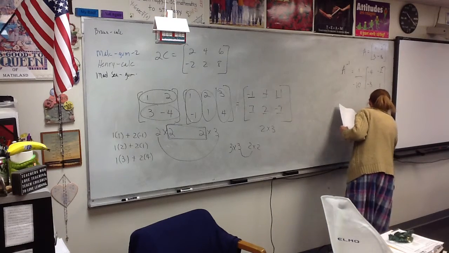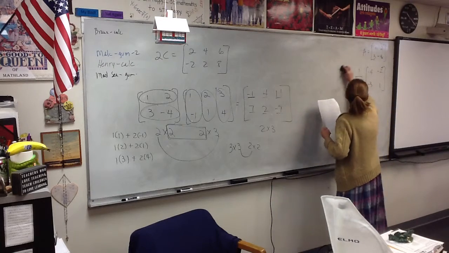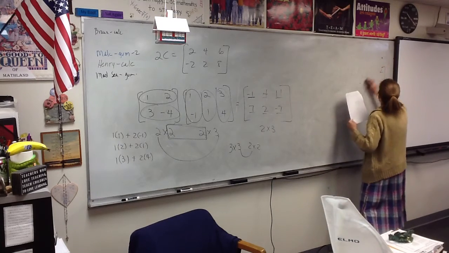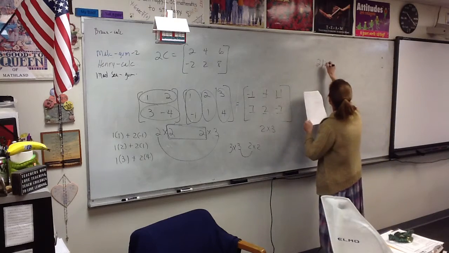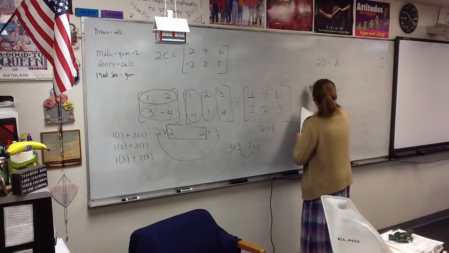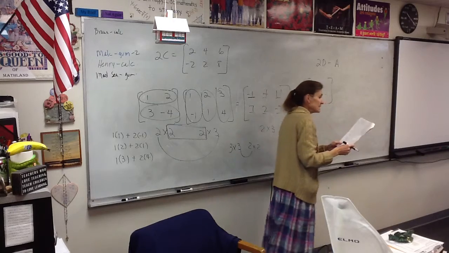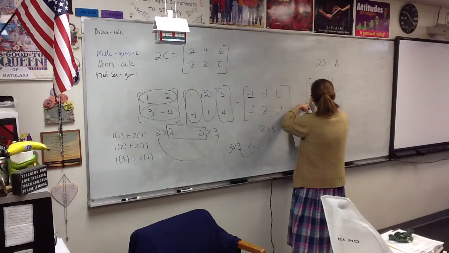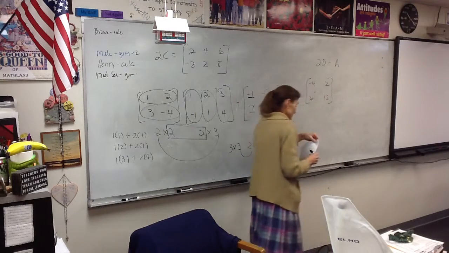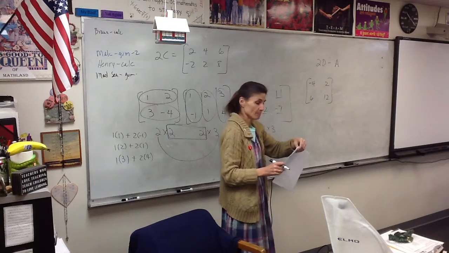Okay, F. 2D minus A. All right, so what am I going to do first? I have to do 2D minus A. So I'm going to take everything in D times 2. So negative 4, 2, 6, 12. Is that okay for 2D?